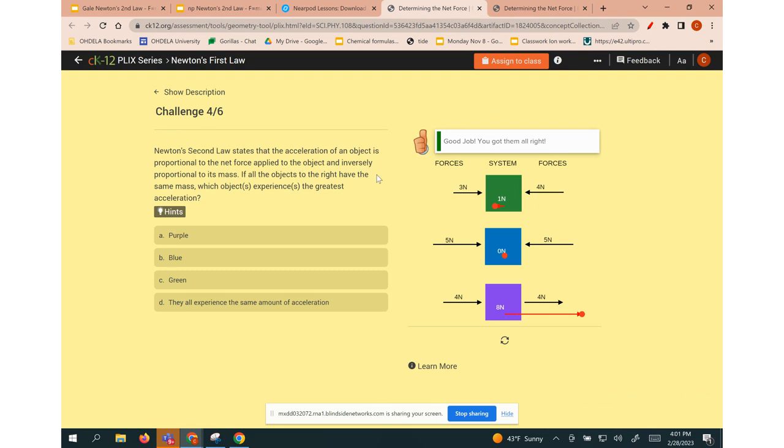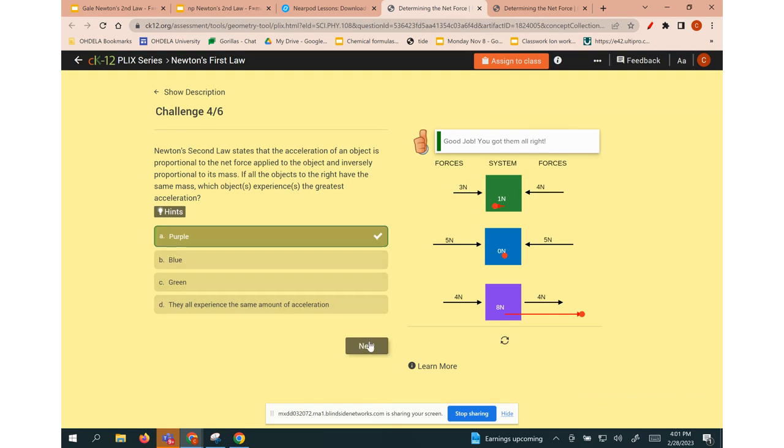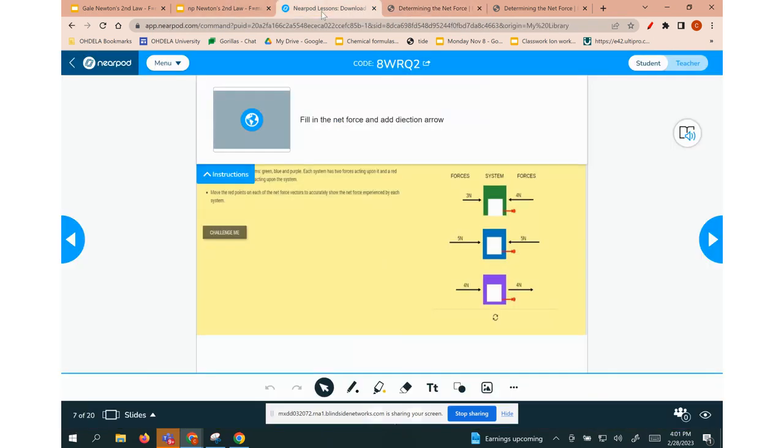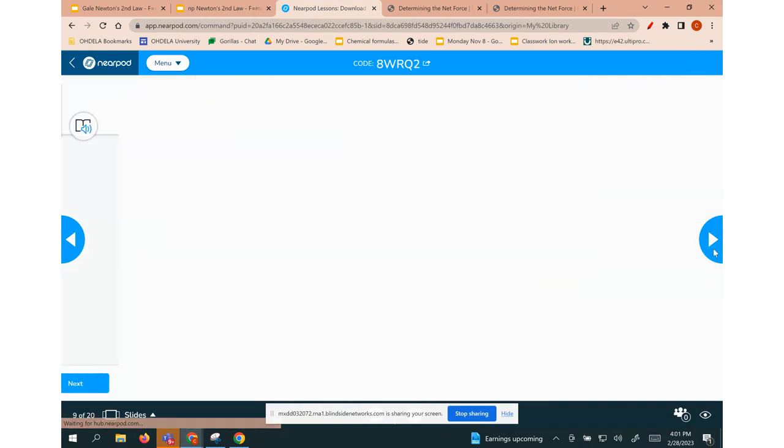If we make the mass smaller with the same force, acceleration goes up. So inversely, one is going down and the other one's going up. All right. If all the objects on the right have the same mass, which object would experience the greatest acceleration? This would be the purple one. All right, so we're going to move on from there. Okay, those are some quiz questions for you.